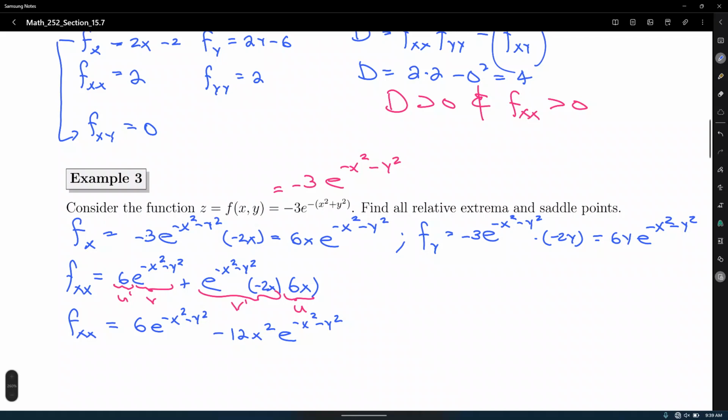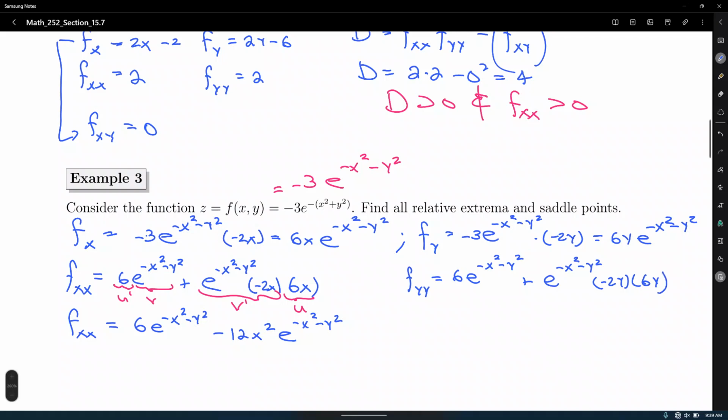Let's get the second partial derivative, in this case, double with respect to y. Okay? So that is f double y. And again, we're going to use the product rule, right? So the derivative of 6y, which is 6 times the exponential, plus the derivative of the exponential, again itself, times negative 2y this time, times 6y.